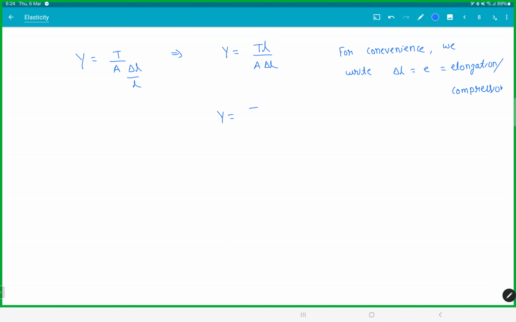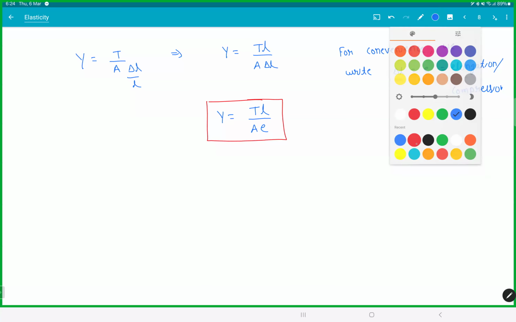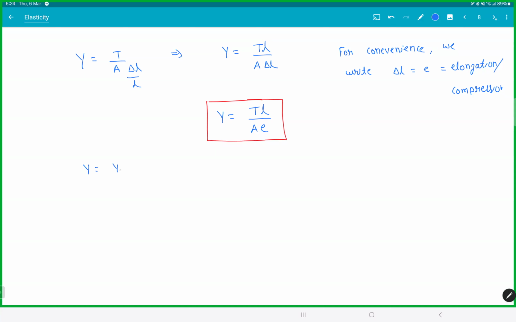So Y is equal to T L by A e. Y is your Young's modulus, which is the ratio of stress by strain. And what is the physical significance?